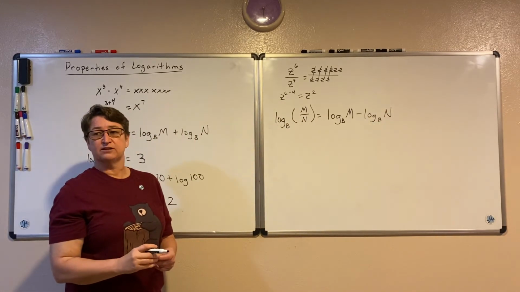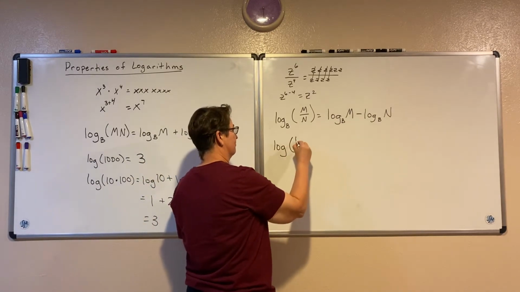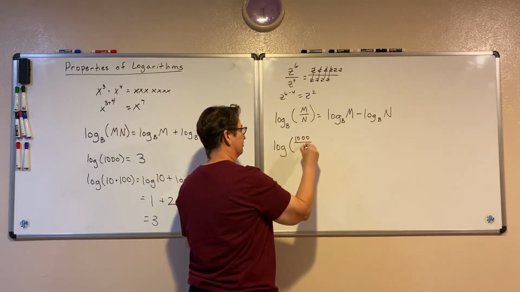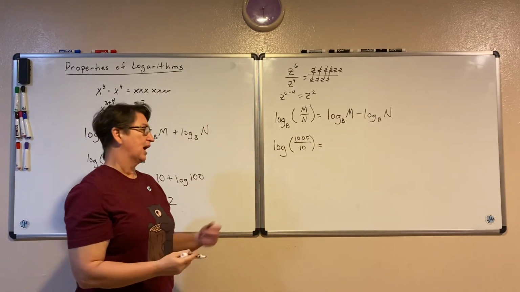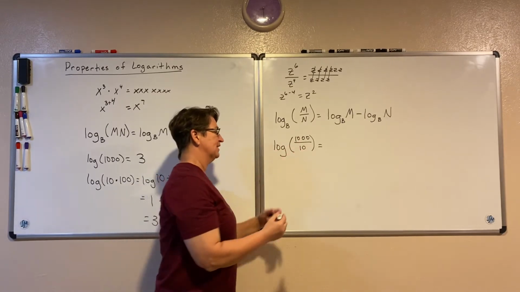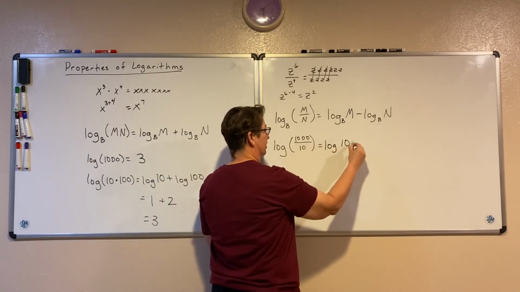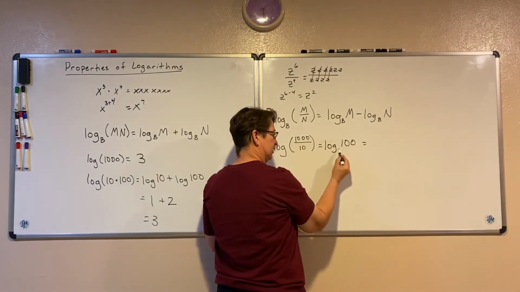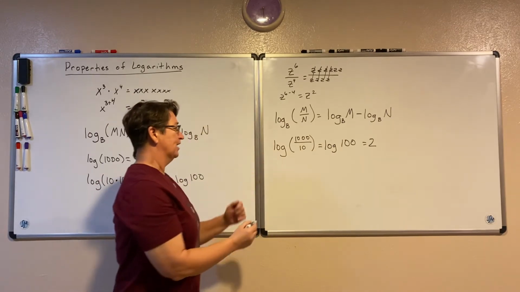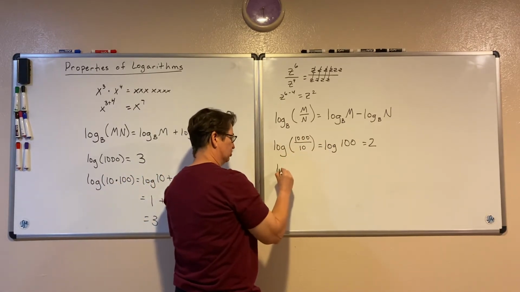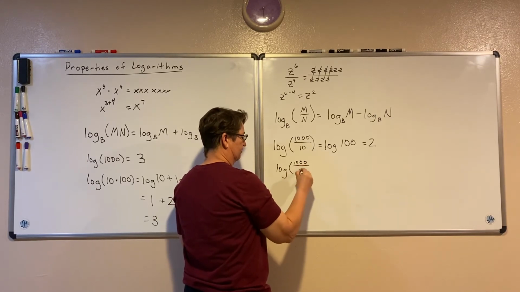So, for instance, let's say that I have log of 1,000 divided by 10. Well, first, if we just look at 1,000 divided by 10, that's just equal to the log of 100, which is 10 raised to the second power gives me 100. Or I could use the quotient rule there so that I have 1,000 divided by 10.